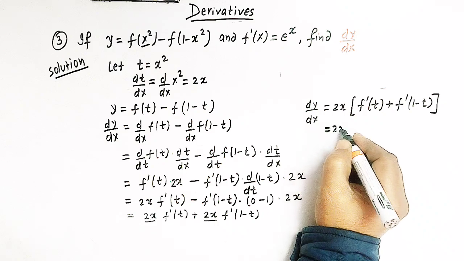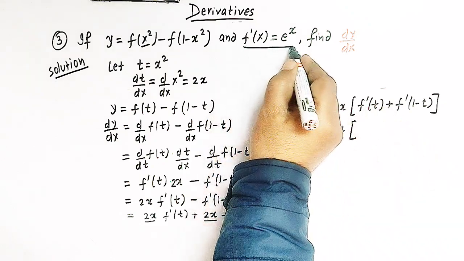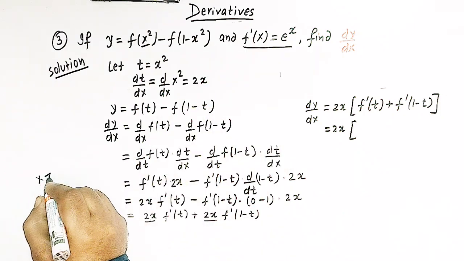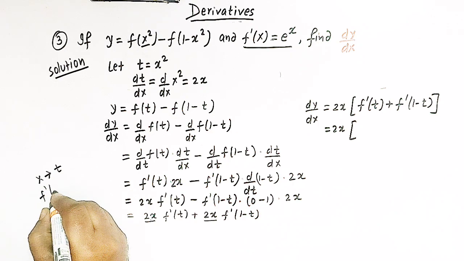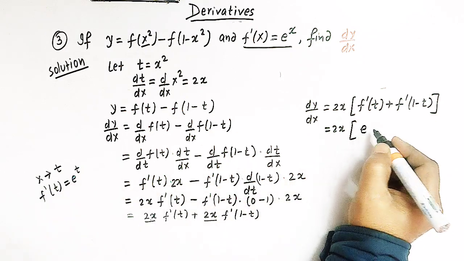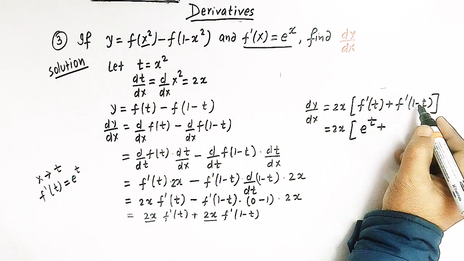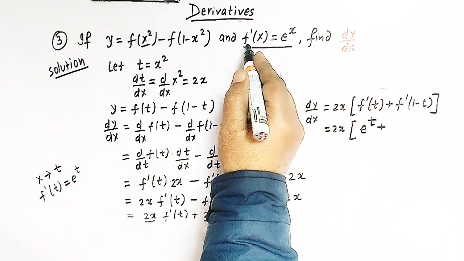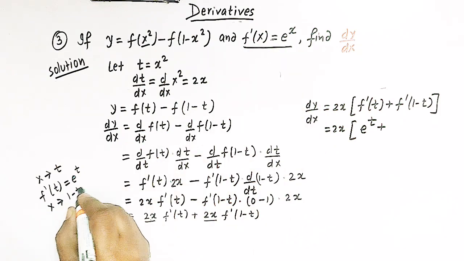So this is 2x, and f prime of t can be obtained from this relation. Replacing x by t, f prime of t is equal to e raised to t. Then f prime of 1 minus t can also be obtained from this expression by replacing x by 1 minus t.